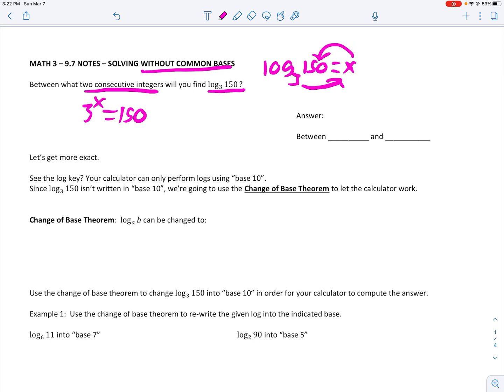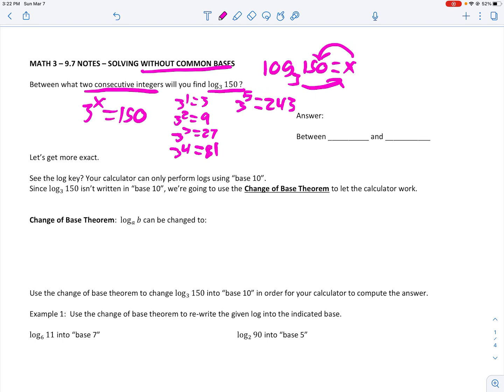Well, 3 to the first is 3, 3 squared is 9, 3 cubed is 27, 3 to the fourth is 81. What's 3 to the fifth? That would be 81 times 3, which is 243.